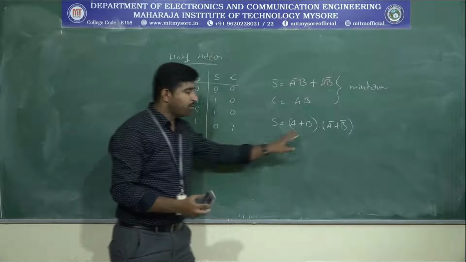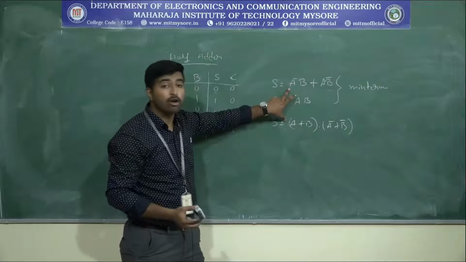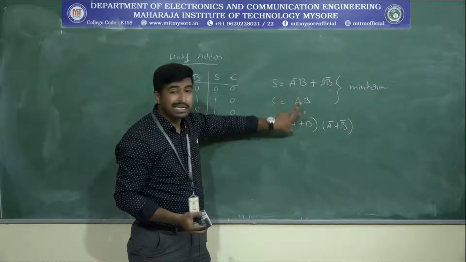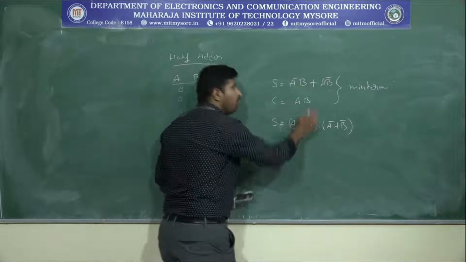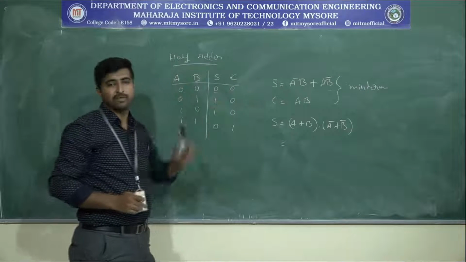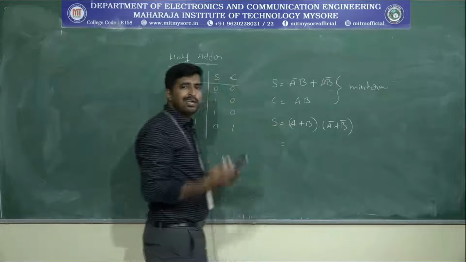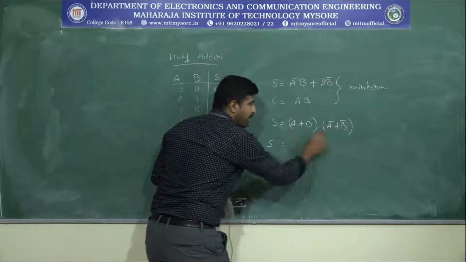Okay, so what I am going to tell is that these two equations are logically the same actually. What logically the same means is, if you simplify this equation, you will get the same expression. To understand that, let's simplify this using Boolean algebra. Let's multiply these two.